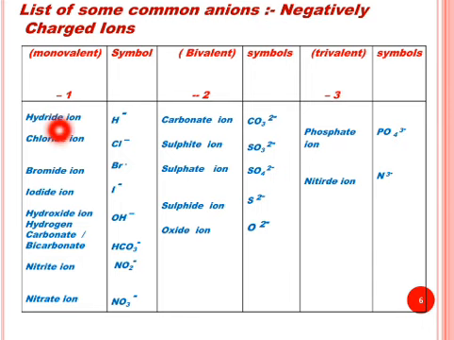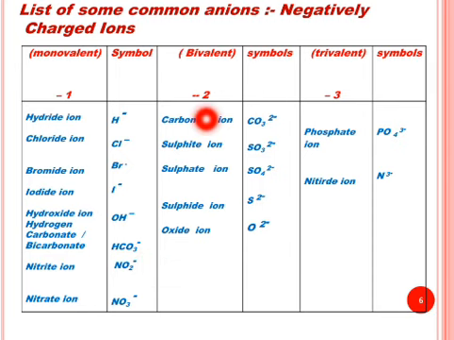Let's see monovalent ions: hydride ion H1-, chloride ion Cl-, bromide ion Br1-, iodide ion I1-, hydroxide ion OH1-, hydrogen carbonate, or it can also be called bicarbonate ion, HCO3 1-, nitrite ion NO2 1-, nitrate ion NO3 1-.